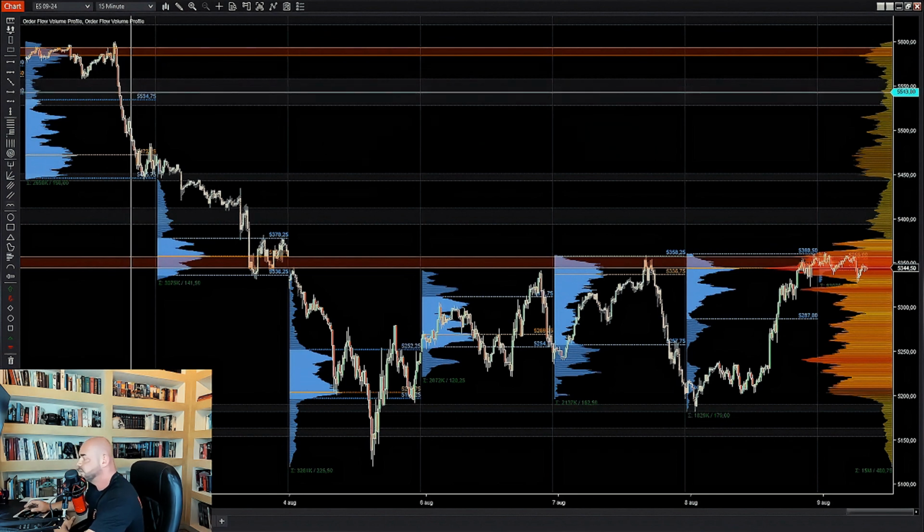So now we are going to look at where we have high volume nodes and where we have low volume nodes. A high volume node is a zone where price has been more active, so where there's more buying and selling orders.